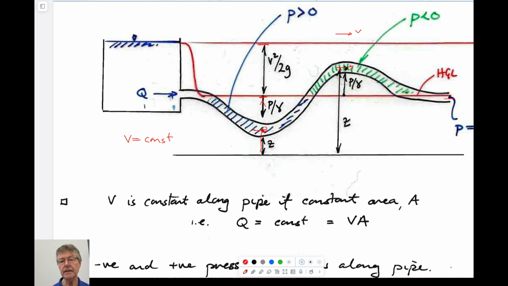And so the proper way to move between those would now be to go down from here to this line. And this line would be P over unit weight, which would be less than atmospheric pressure. And then you go up from here to get the velocity squared term.